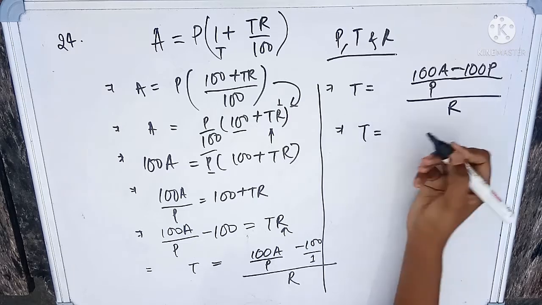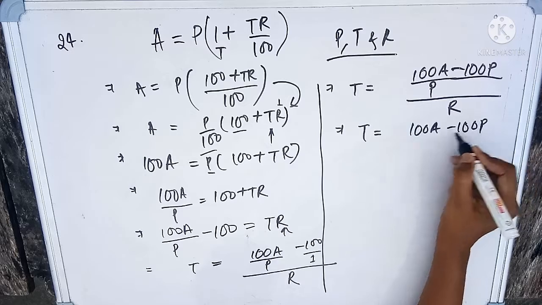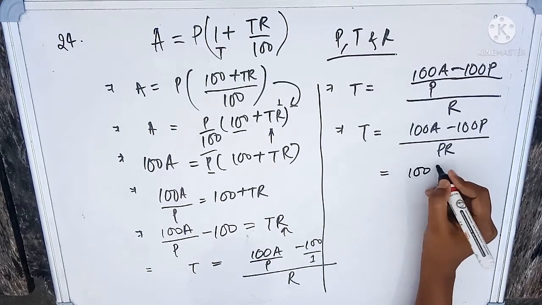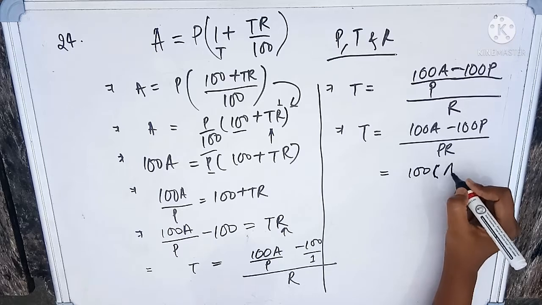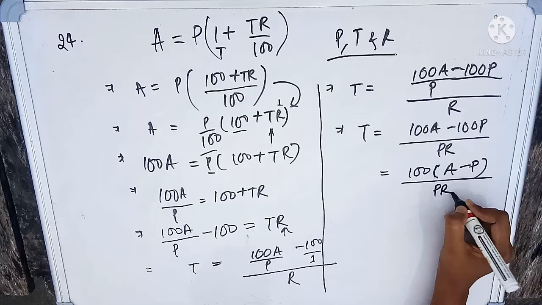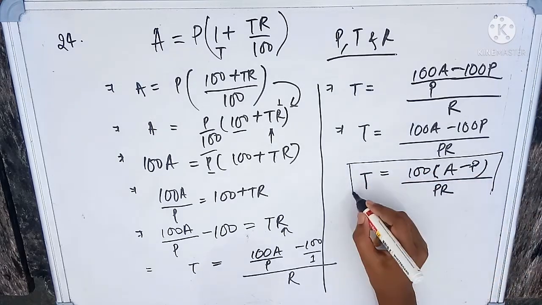And again we have t is equal to 100A minus 100P divided by Pr. By taking 100 common here, we can write it as 100 multiplied by A minus P divided by Pr. Now we have t as a subject and we have got the formula for t.